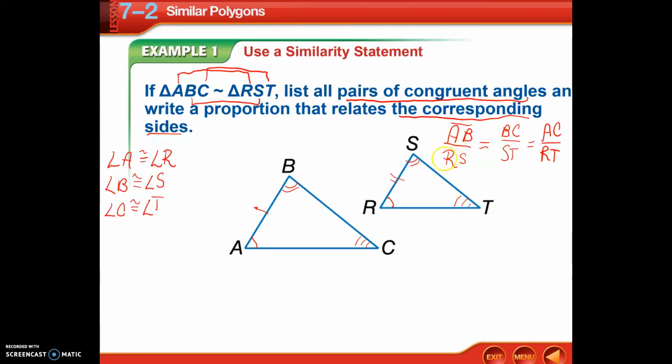Now we could also say RS over AB, ST over BC, and so forth, and move those around in those orders, but that is our congruent angles and our corresponding sides.